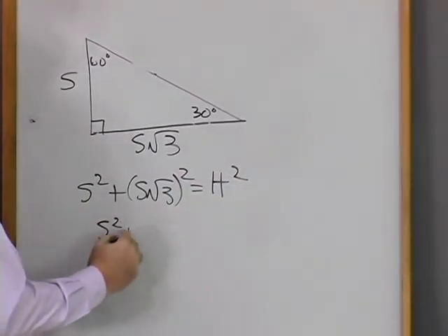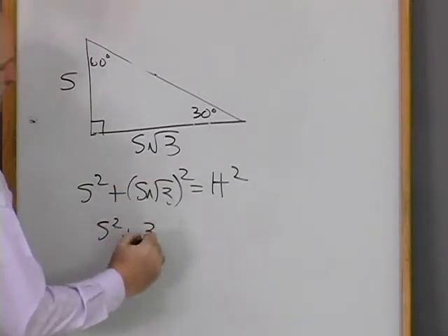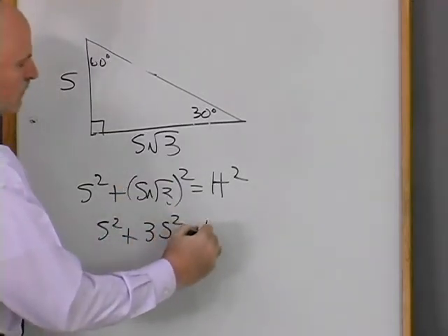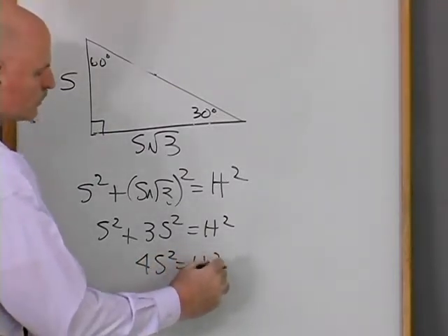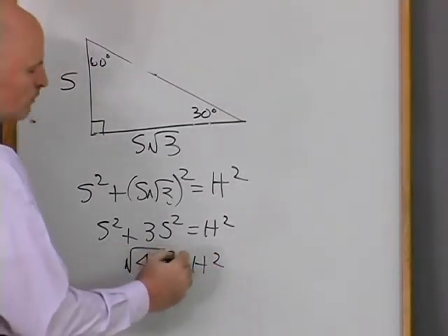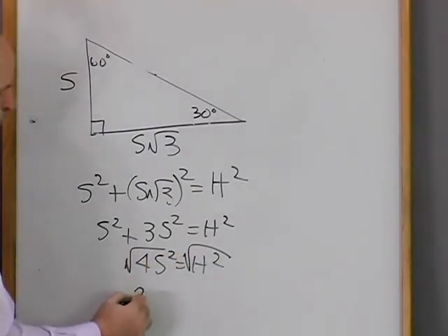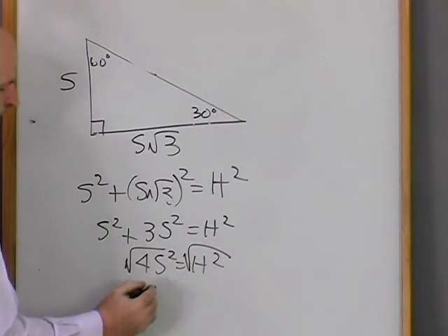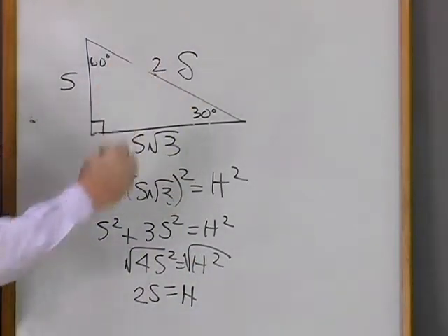We get side squared plus side squared times the square root of 3 squared, which is 3. So 3 side squared. We get 4 side squared equals hypotenuse squared. Square root of both sides. Square root of 4 is 2. Square root of s squared is s. 2s equals hypotenuse. Oh, look at that. It works.